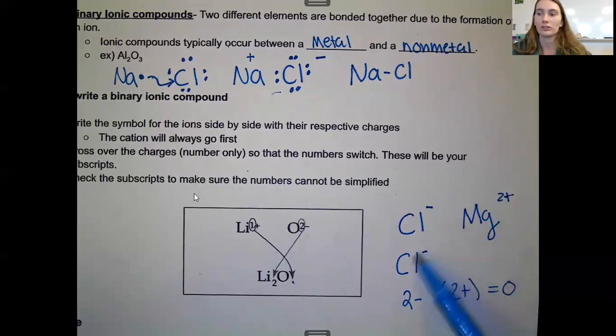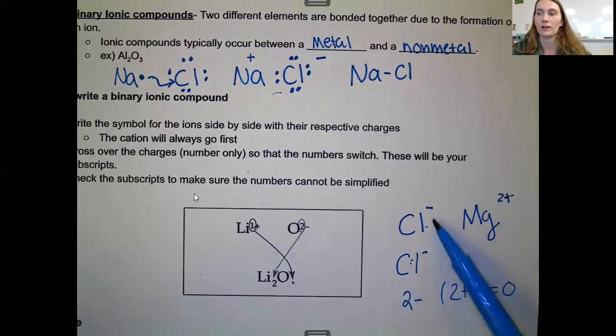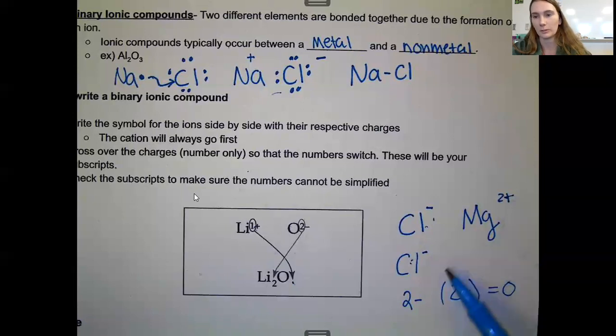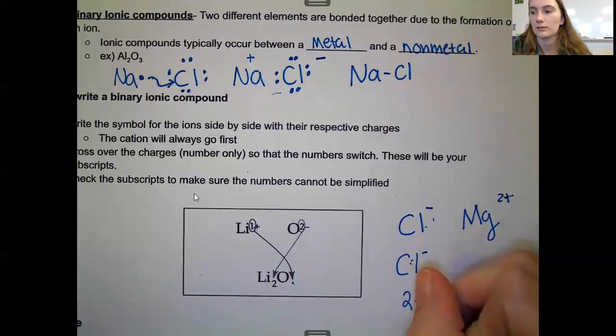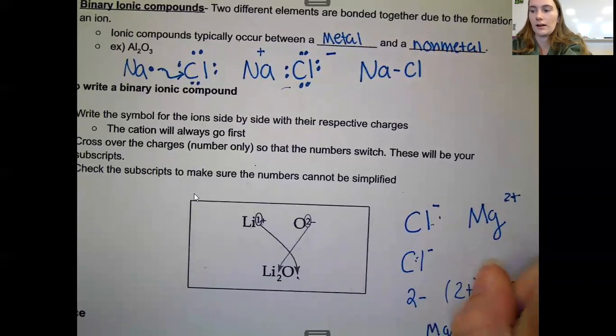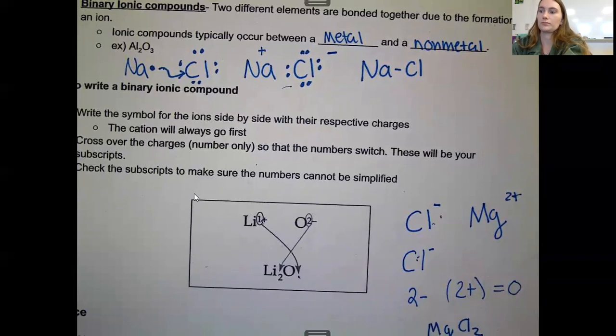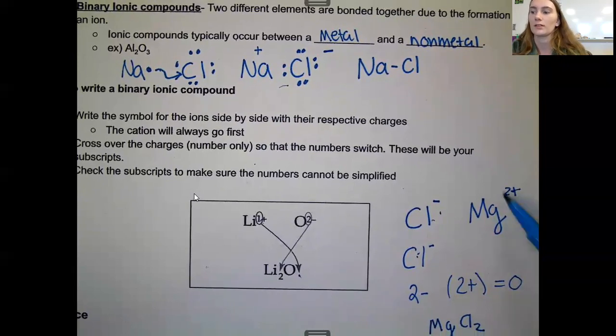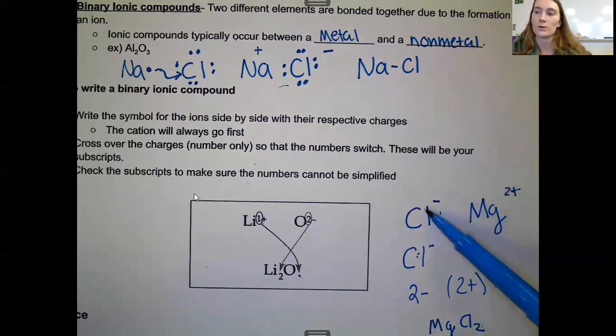So what we do is we add 2 chlorines, because these 2 negatives are going to cancel out my 2 positive. That way everything's proportional and neutral. So that's why you would end up with MgCl2. We can see that whatever our positive charge is, it's what we have to use for the anion subscript, and then it goes vice versa. What we have for the negative charge, which is just 1 in this case, has to go with our cation.